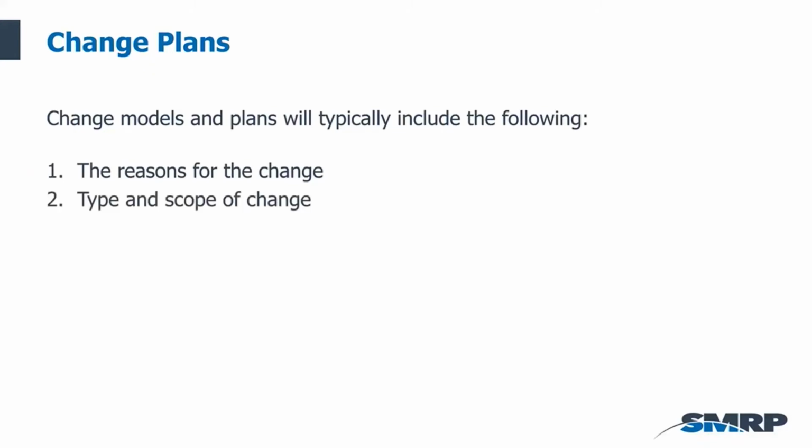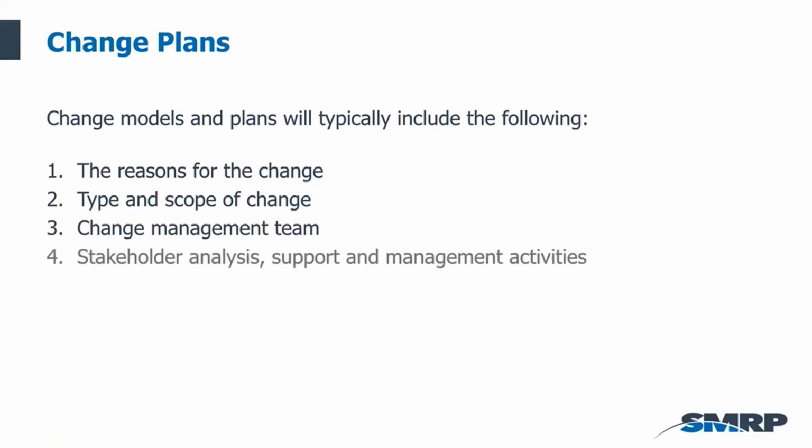So we should set up some change plans. Change models and plans will typically include the following. What are the reasons for the change? What's the type and scope of the change?